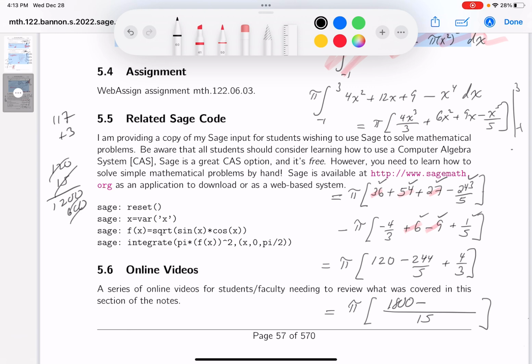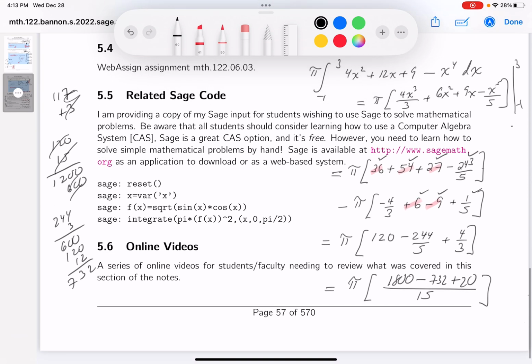Minus, let me cross this out, I'm done with that. 244 times 3. That's 600, 120 and 12. 2, 3, 7, 732. And then it's going to be 5 times 4, which is 20. Well, looks pretty nasty, doesn't it? Let's take a look at that.